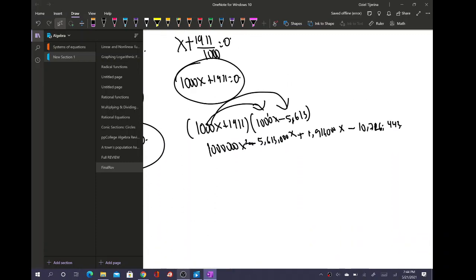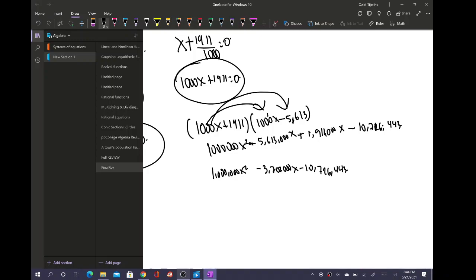So if we go ahead and add negative 5,613,000 and 1,911,000, we're going to get negative 3 million, so it's going to be a million x squared minus 3,702,000 x minus 10,726,443.